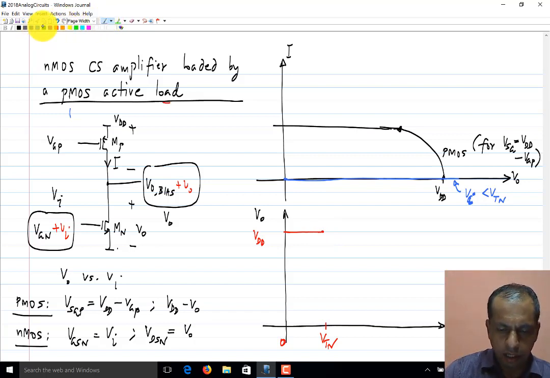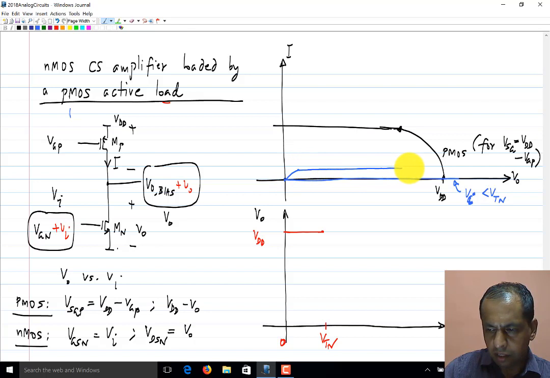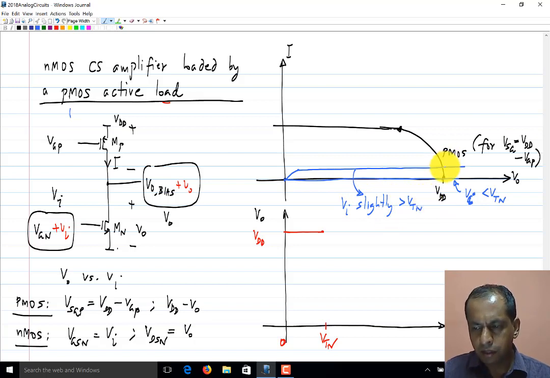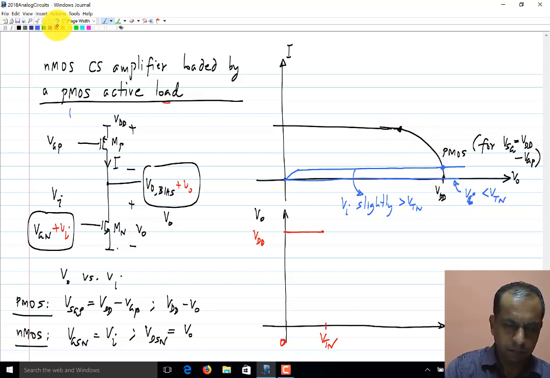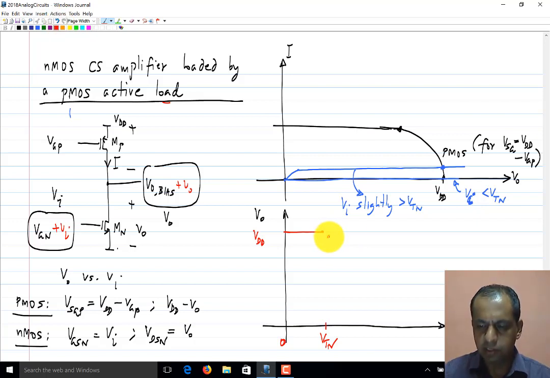Now, as Vi increases a little beyond VTN, the characteristic of the NMOS transistor looks like this. Vi slightly more than VTN. The point of intersection will be close to VDD but less than that, because the PMOS transistor curves to the left. So it will be slightly less.